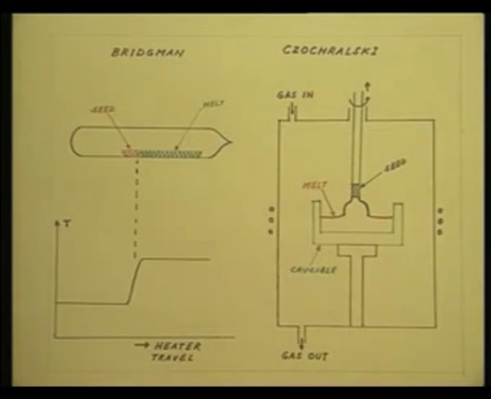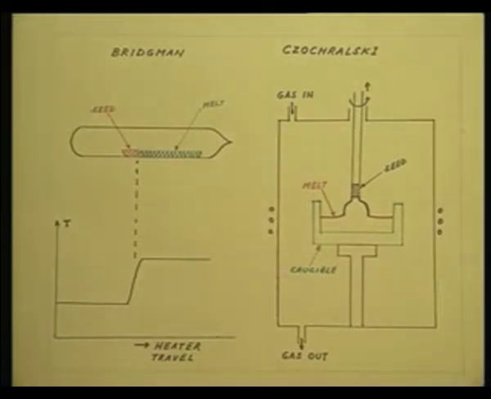This has to be very critically maintained. Therefore, the temperature profile in a Bridgman furnace has to be very accurate. Care must be taken so that the seed crystal is not molten. And then once the charge is in molten condition, the heater can be moved in this direction.